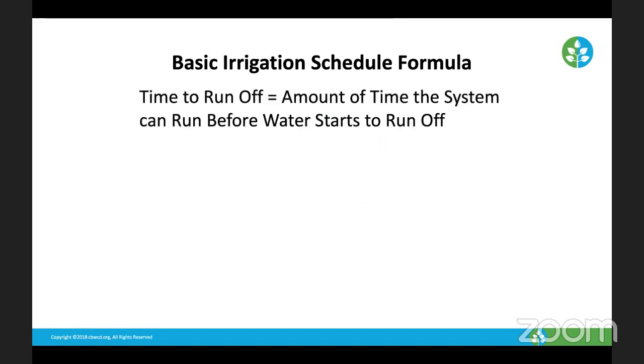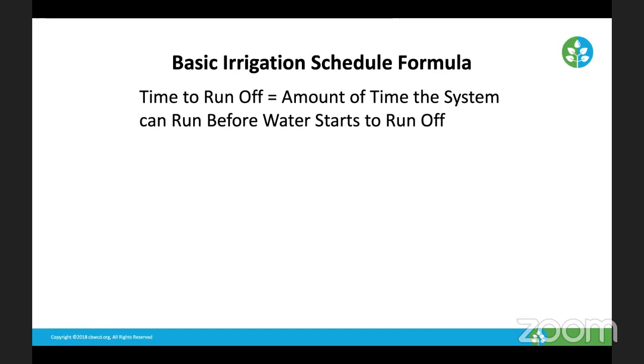There's a term called time to runoff. Time to runoff is basically how long I can run my system before the water starts puddling up and running off site. For drip irrigation, because it's a very slow delivery of water, the time to runoff is going to be a lot higher, so a lot more minutes.